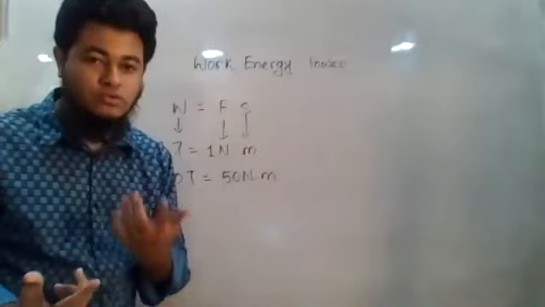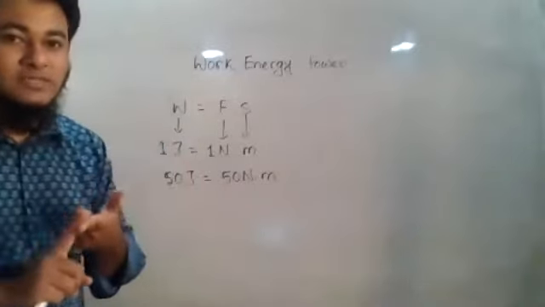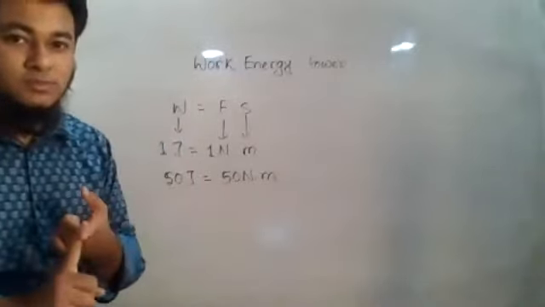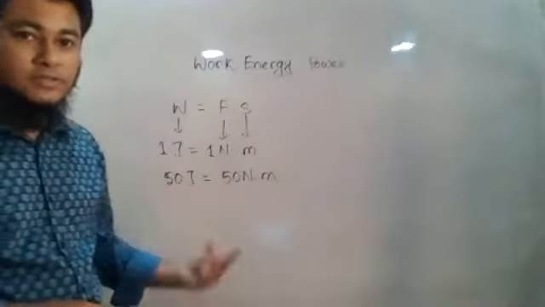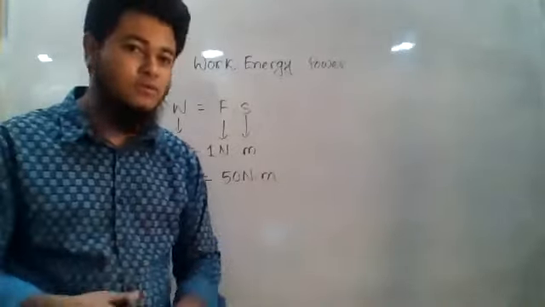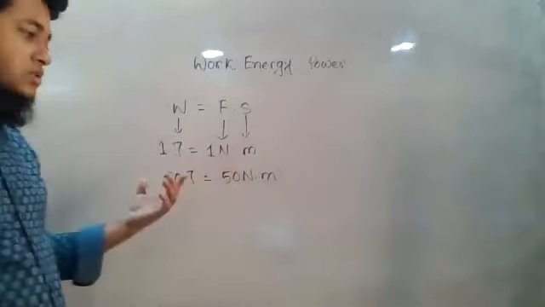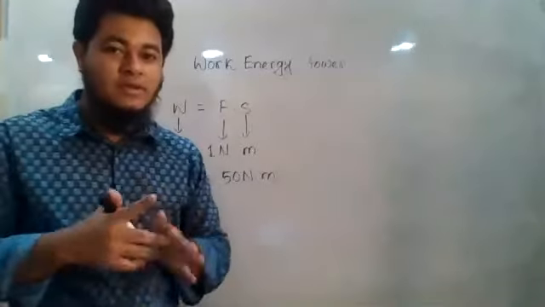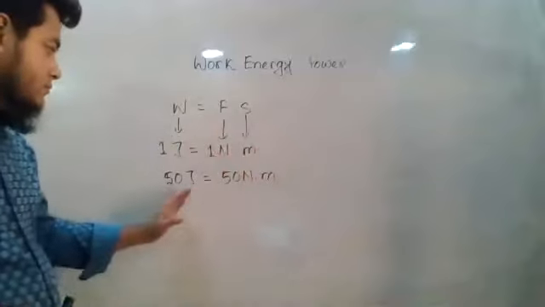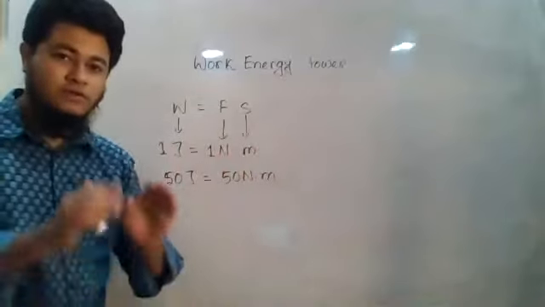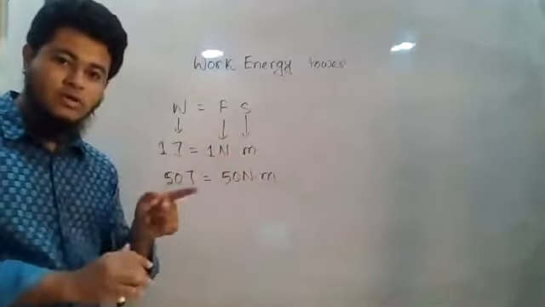Whatever the value you put, you have to just make sure that when you multiply the force and the displacement, you get 50, if it is 50 joule they are asking. It might be 30 joule, 75 joule, anything. You just need to take care that when you multiply them, the result is the figure that they are asking for. Okay, understood?